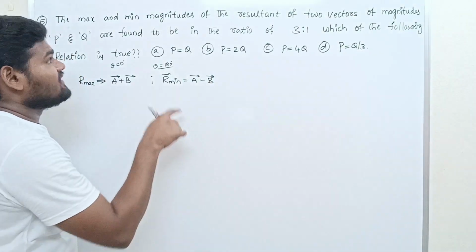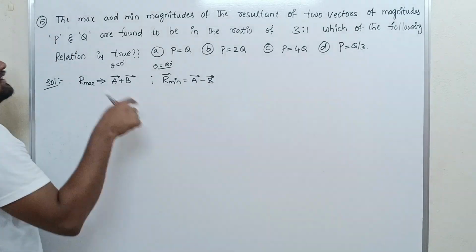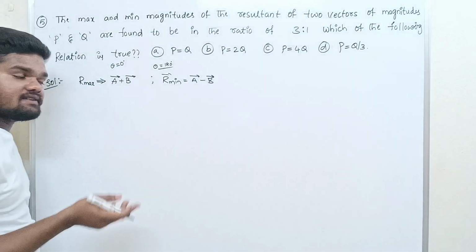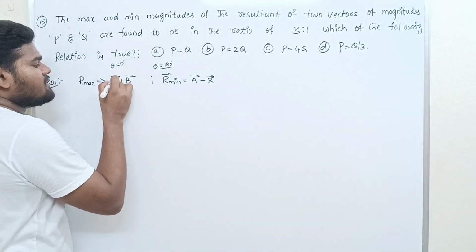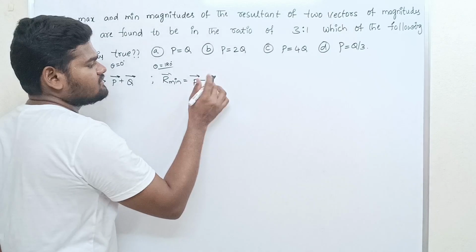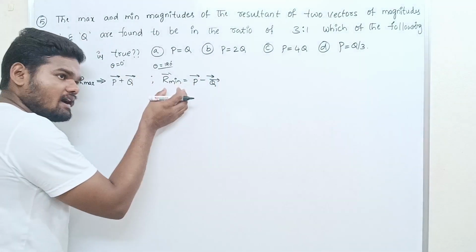Are you getting? They are given the ratio of maximum and minimum magnitude, 3 is to 1. But in place of a, they are given P, and in place of b, they are given Q. That's it. So P bar and Q bar. The ratio of R maximum and R minimum is given.